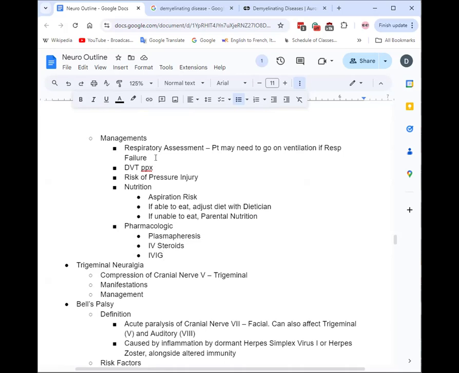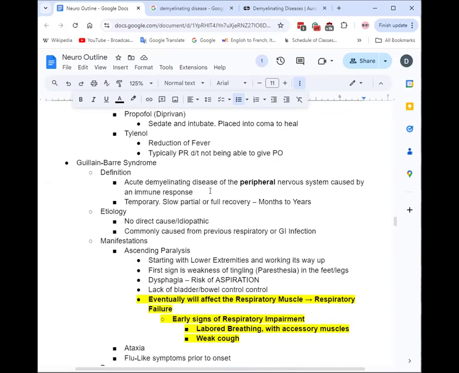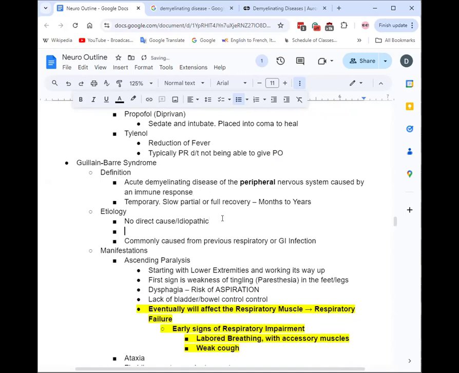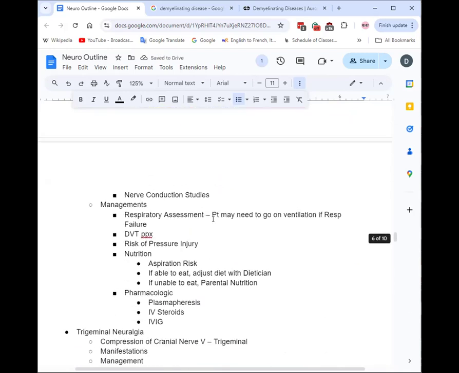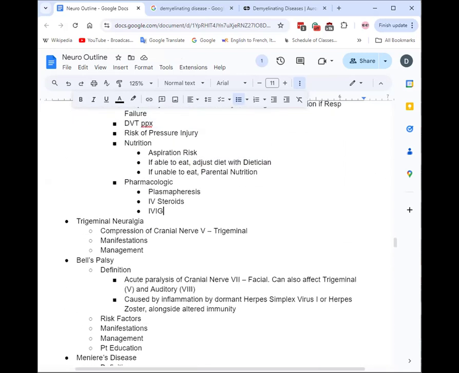It's usually done for autoimmune conditions. I didn't mention it here, but the idiopathic type can be considered possibly autoimmune. And then there's IVIG, which is typically also done for autoimmune conditions.